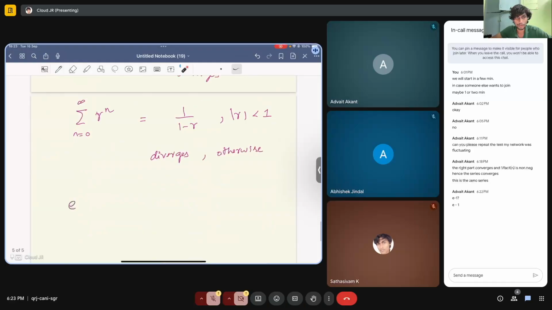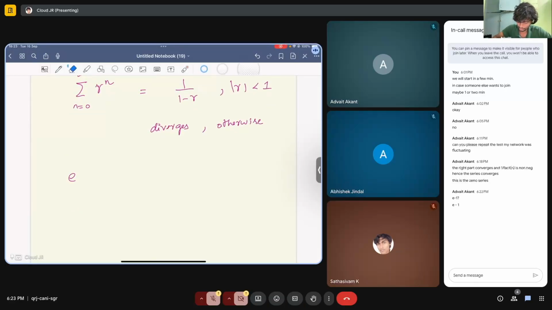Okay, so let's go to maybe one more example if you want. Otherwise, we'll move on. Let's see if I can give one more example. Okay, maybe we'll go to the root test. I think here I have an example, but I don't know if I want to write that. Anyway, let's move on to the next one.